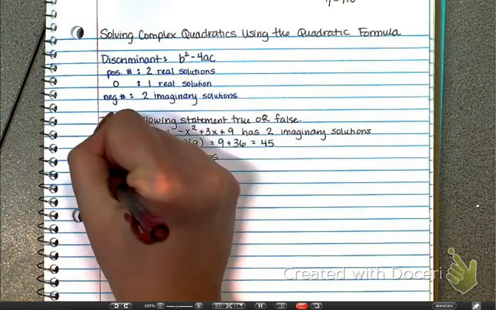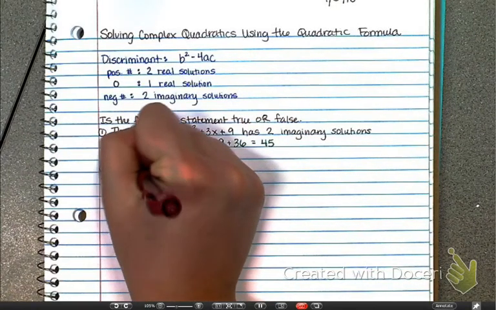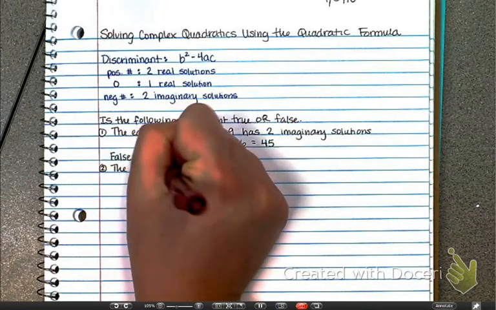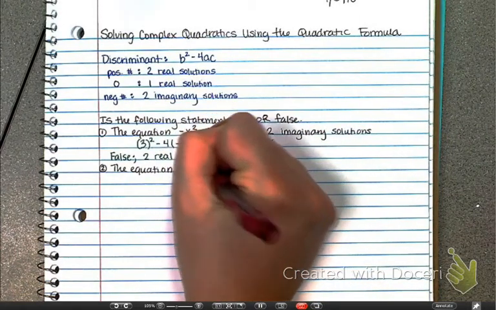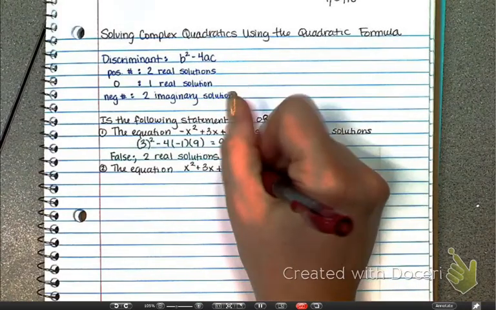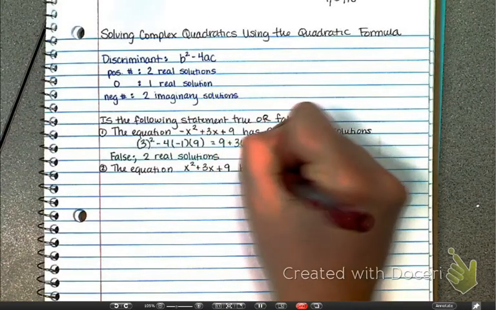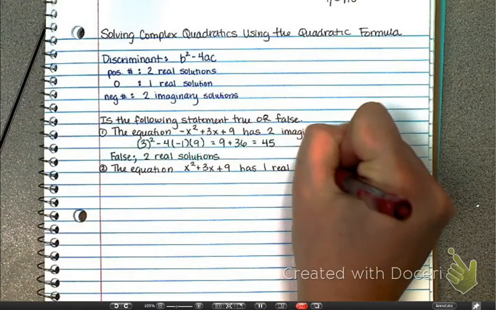So I'd like you to try these 2. If I give you the equation x squared plus 3x plus 9, and I'm saying it has 1 real solution.